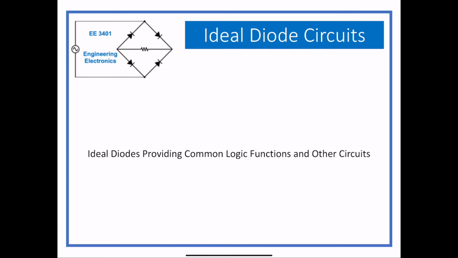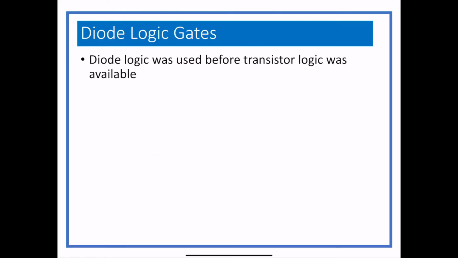We're going to look at diode circuits that provide either logic functions, which can be done with ideal or non-ideal diodes, and a few other circuits that just talk about how we solve them using ideal diodes. For logic gates, diodes were actually used before transistors were available.